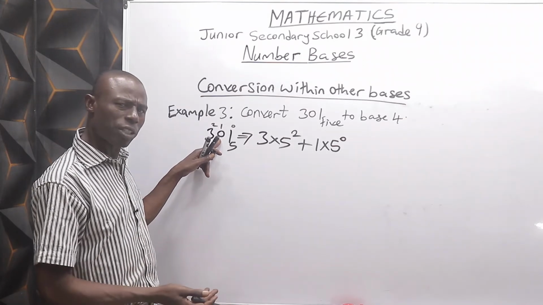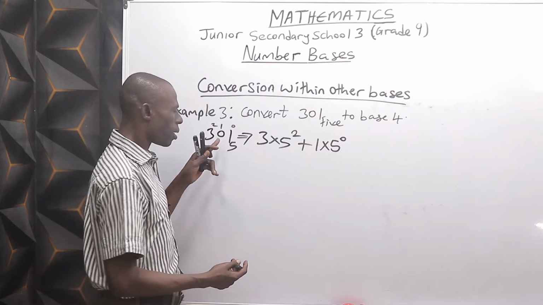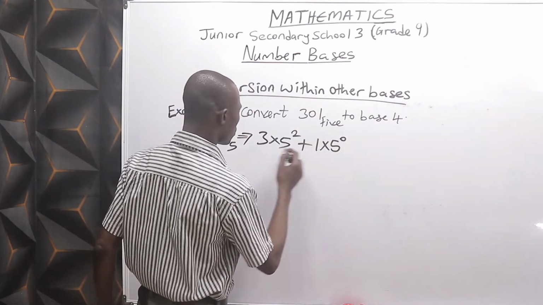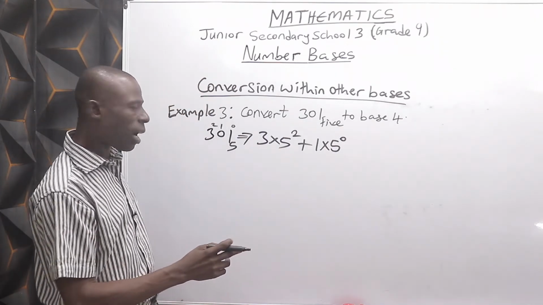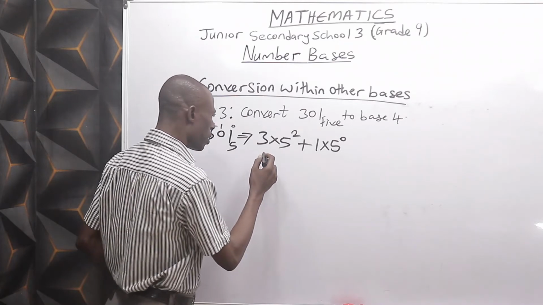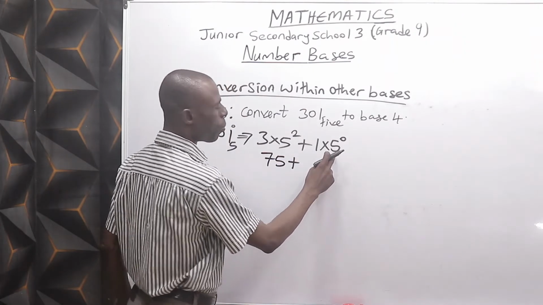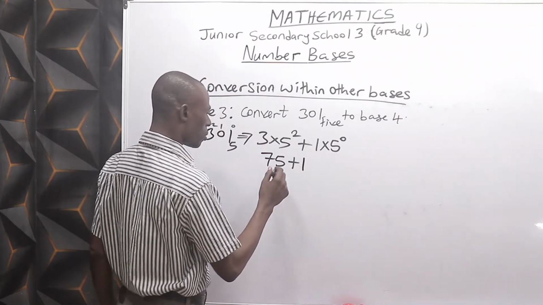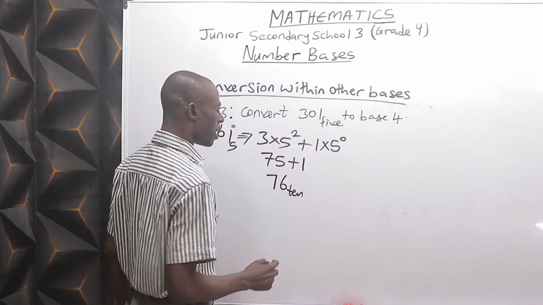Why? If I trade with 0, the profit will be 0. So that's why I don't trade with it. So we have 5 raised to power 2, which is 25. 25 times 3, that's 75. Plus 5 raised to power 0 is 1. 1 times 1 is 1. So we have 76 base 10.